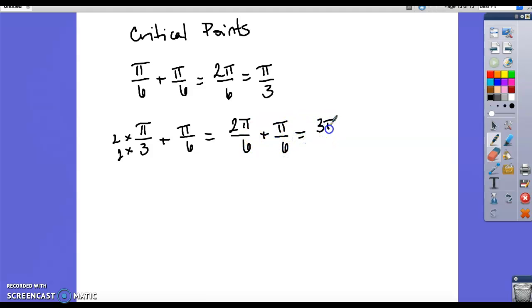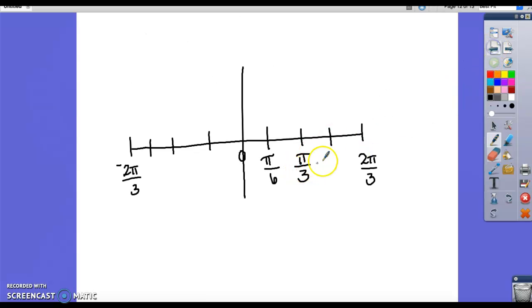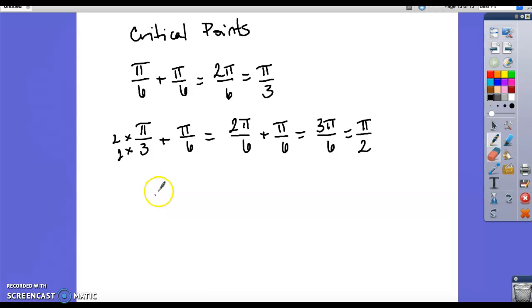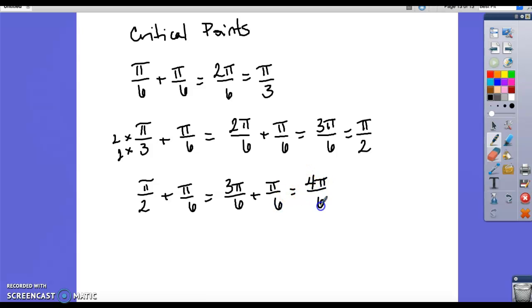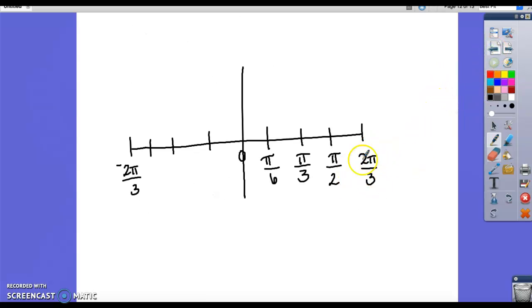Okay, so that's going to be 3 pi over 6, which is going to reduce to pi over 2. Okay, and I should verify this. Pi over 2 plus pi over 6. Okay, pi over 2 I already know is 3 pi over 6. That is 4 pi over 6, which reduces to 2 pi over 3. Okay, which is what it should be. So that works out great.